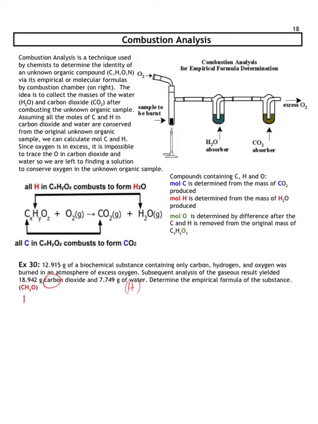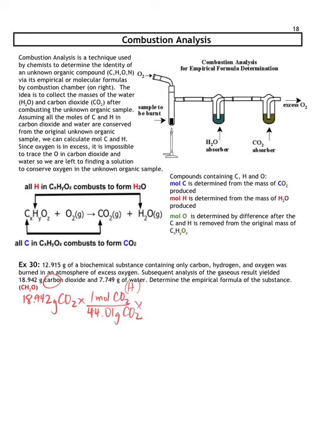So the first thing I'm going to do is take the 18.942 grams of carbon dioxide, and I'm going to try to get moles of carbon from that. To do that, first convert it using the molar mass of carbon dioxide.